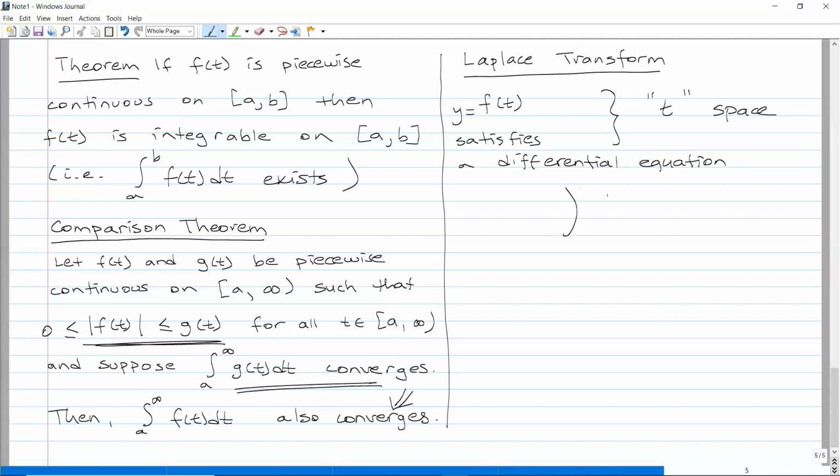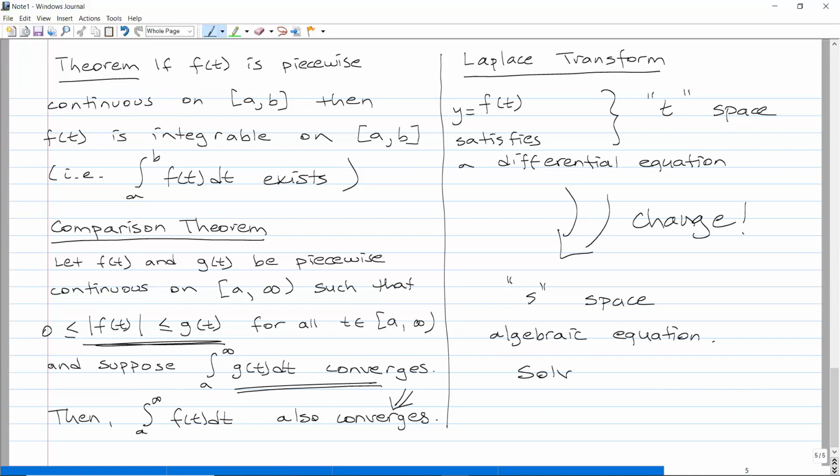So change everything to another space. The variable we are going to denote by s. So we also change the differential equation by this transformation, and the differential equation becomes a linear algebraic equation. No derivatives, it becomes an algebraic equation. Algebraic equations we can solve.